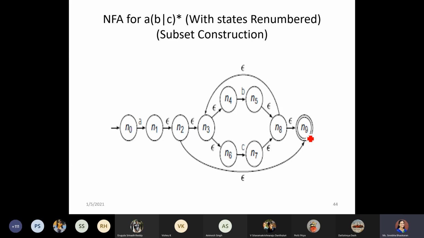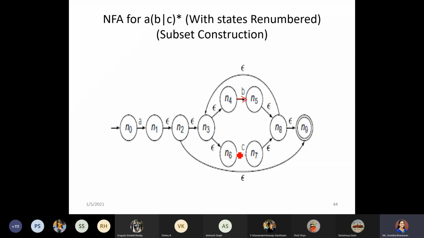Similarly, with respect to B, we have a B transition here. When we take the epsilon closure for the B transition, we have N5, N8, N9, then again it comes back here to N3, N4, N6, right? That will be another set, so I can name it D2.